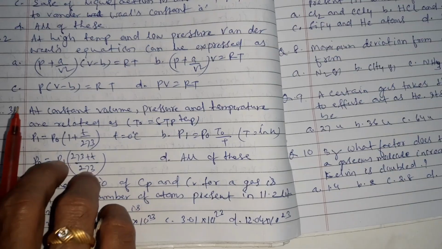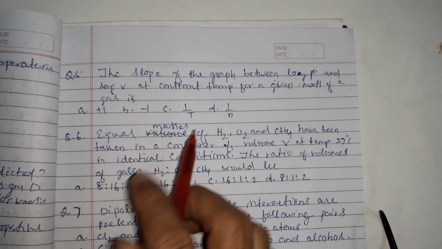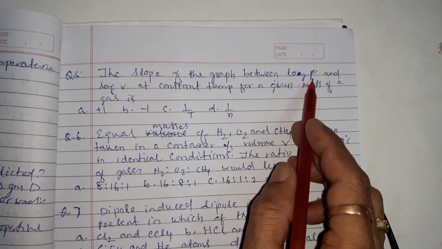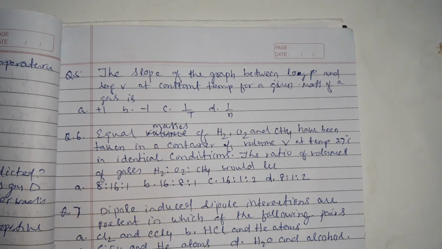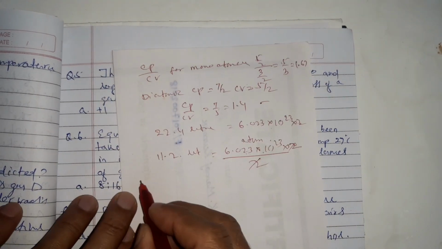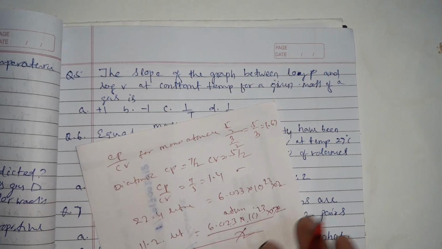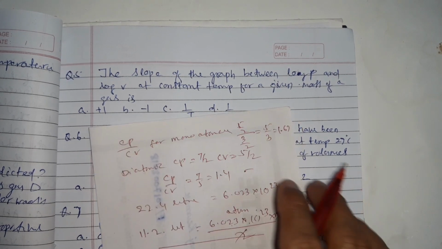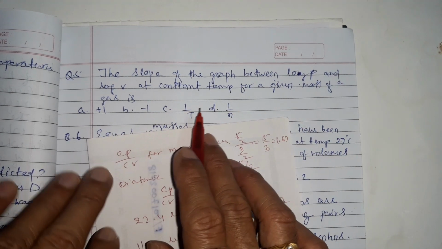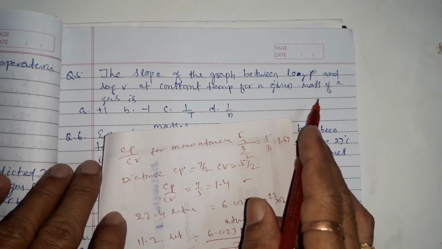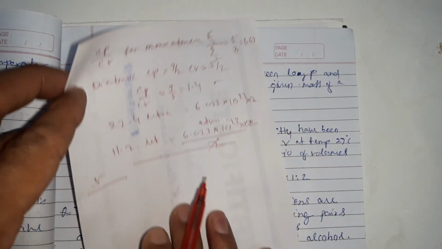Okay students, next question. Question number 5. The slope of the graph between log P and log V at constant temperature for a given mass of gas is how much?